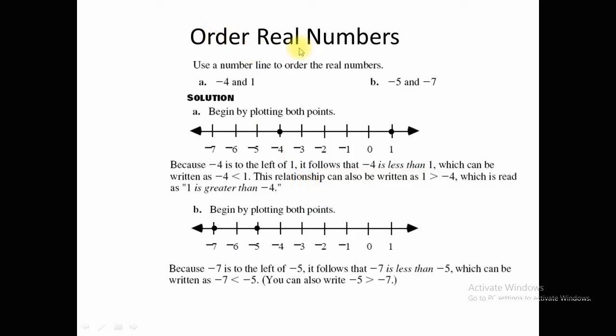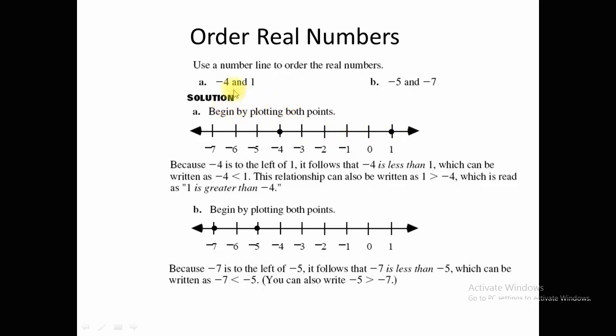Now, how to put real numbers on the real number line. Here we have two examples. In the first example we have two numbers, minus 4 and 1, and in the second example we have minus 5 and minus 7. Begin by plotting both points, putting positive real numbers in this direction and negative real numbers in this direction.